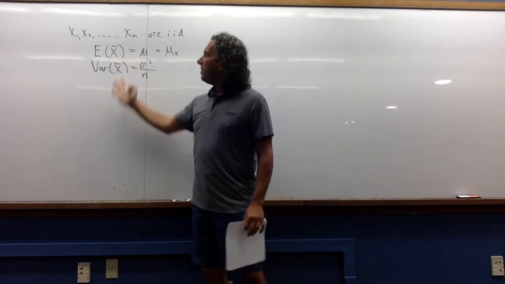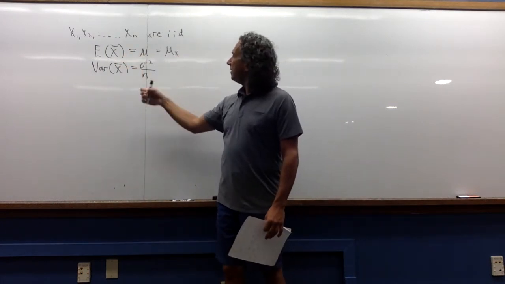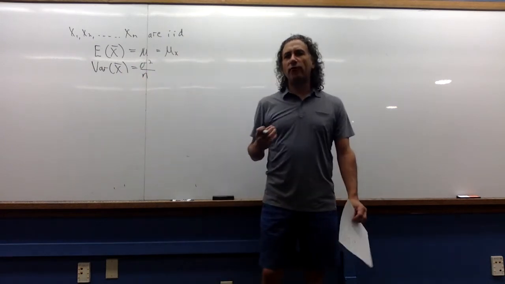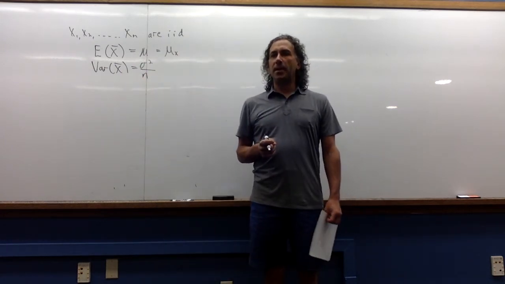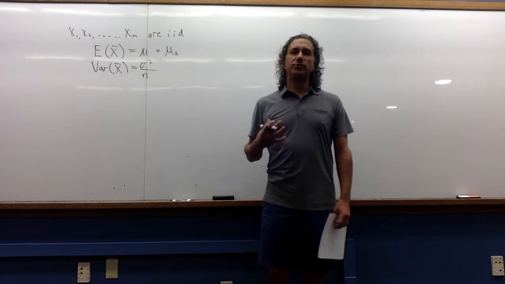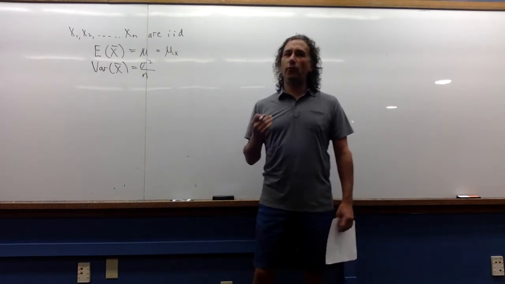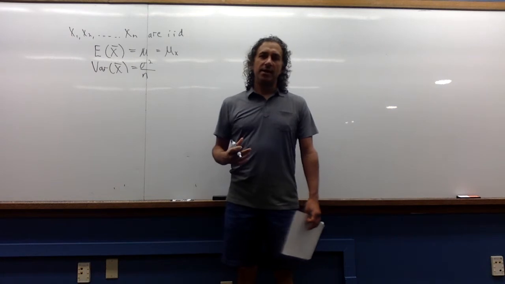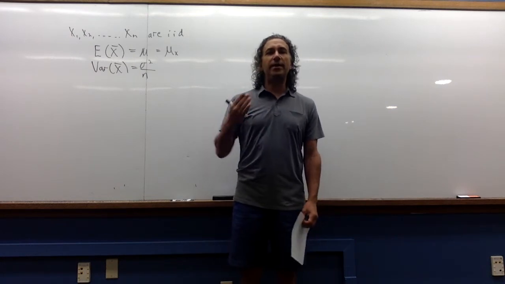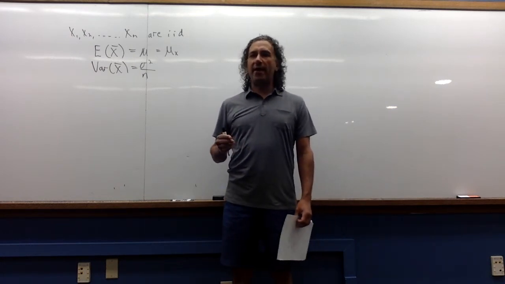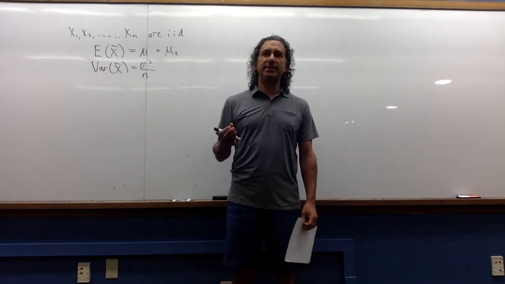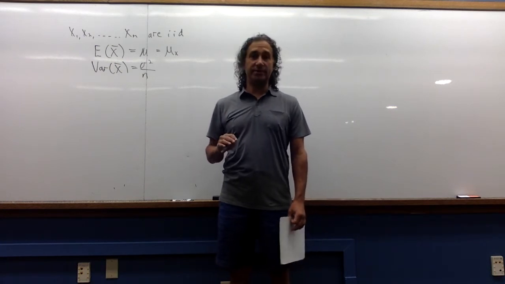Okay, so we know this guy's mean, we know this guy's variance. What about the overall distribution of x bar? We don't have enough theoretical tools to prove what the overall distribution is. So instead, I'd like us to just think about it, and we'll also have the opportunity to see this using computer simulations.